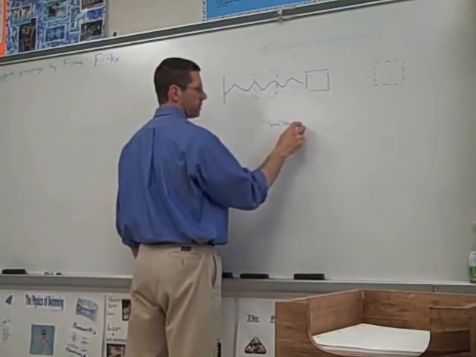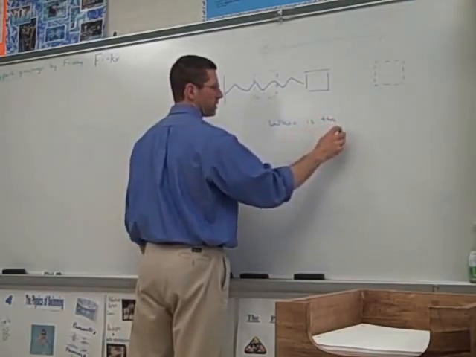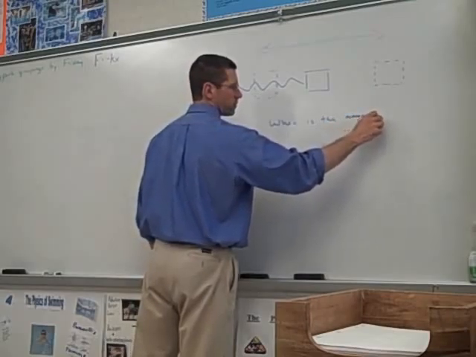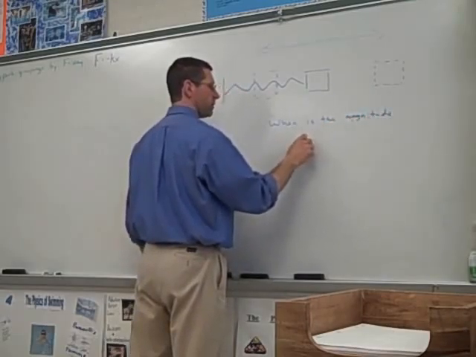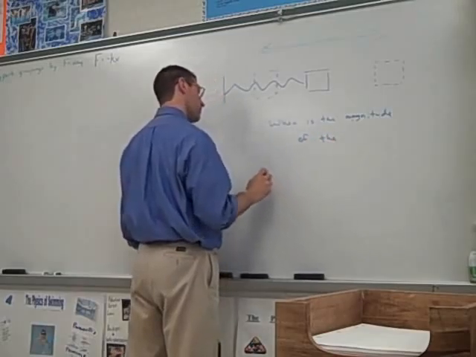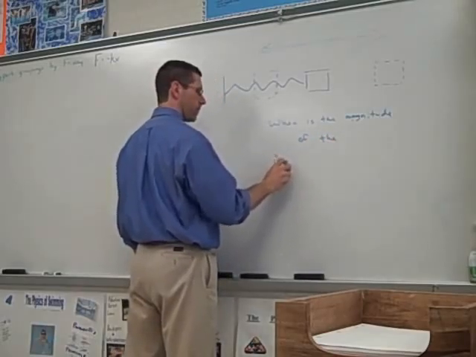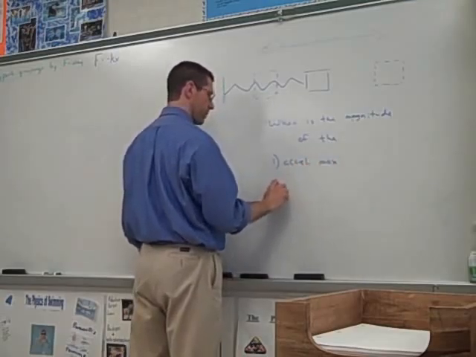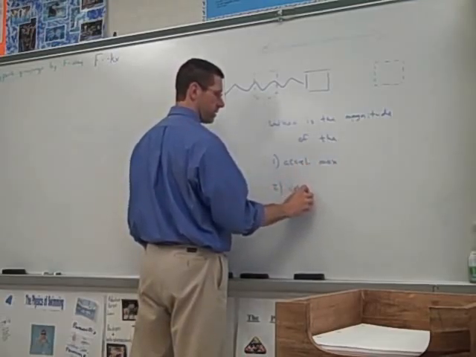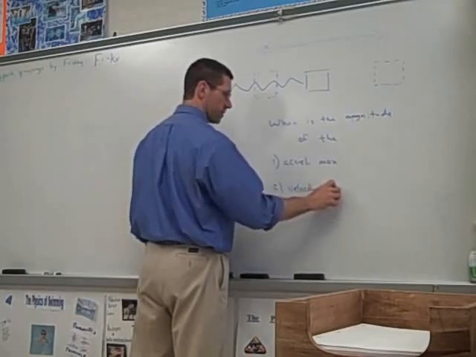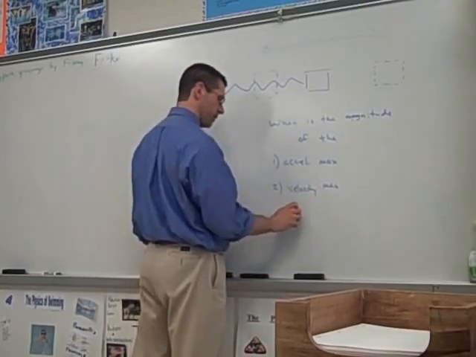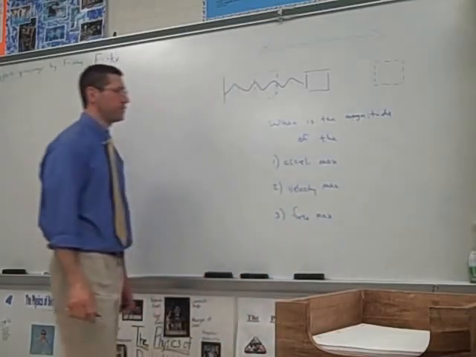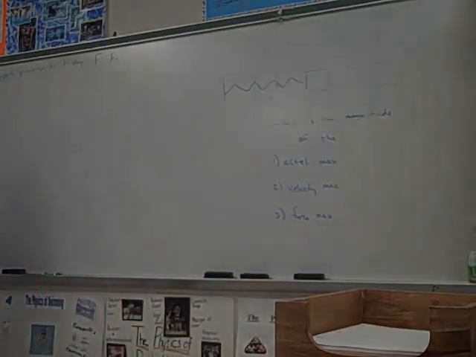When is the magnitude of the acceleration a maximum, the velocity a maximum, and the force a maximum? Just think that over and then I'm going to talk about it.